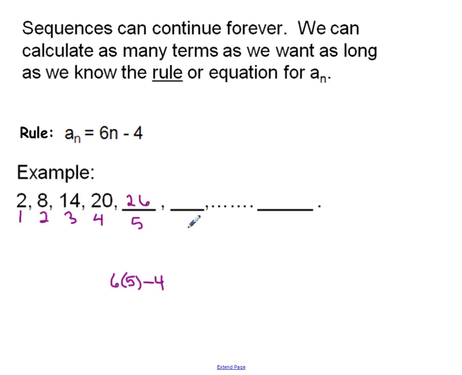And my sixth term is 6 times 6 minus 4, which is what? Let's see, 6 times 6 is 36 minus 4, which is 32. And my last term is 6 times n minus 4, because this is my nth term.